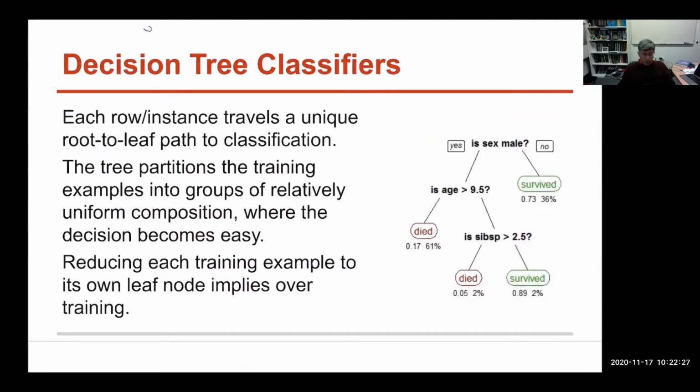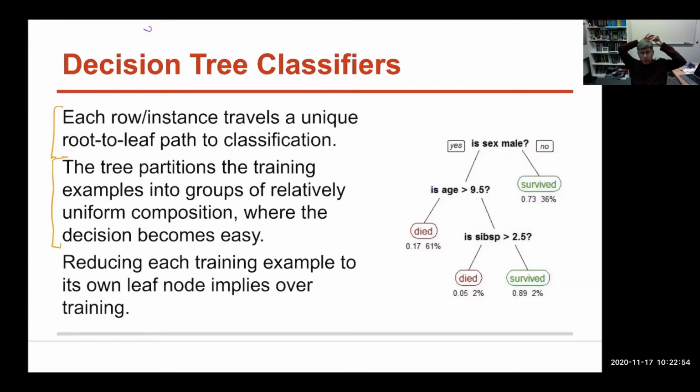So what is a decision tree again? As I said before, a decision tree is a model where every example travels a unique root to leaf path to classification. The goal is that our decision tree partition the training examples into groups that are relatively uniform.